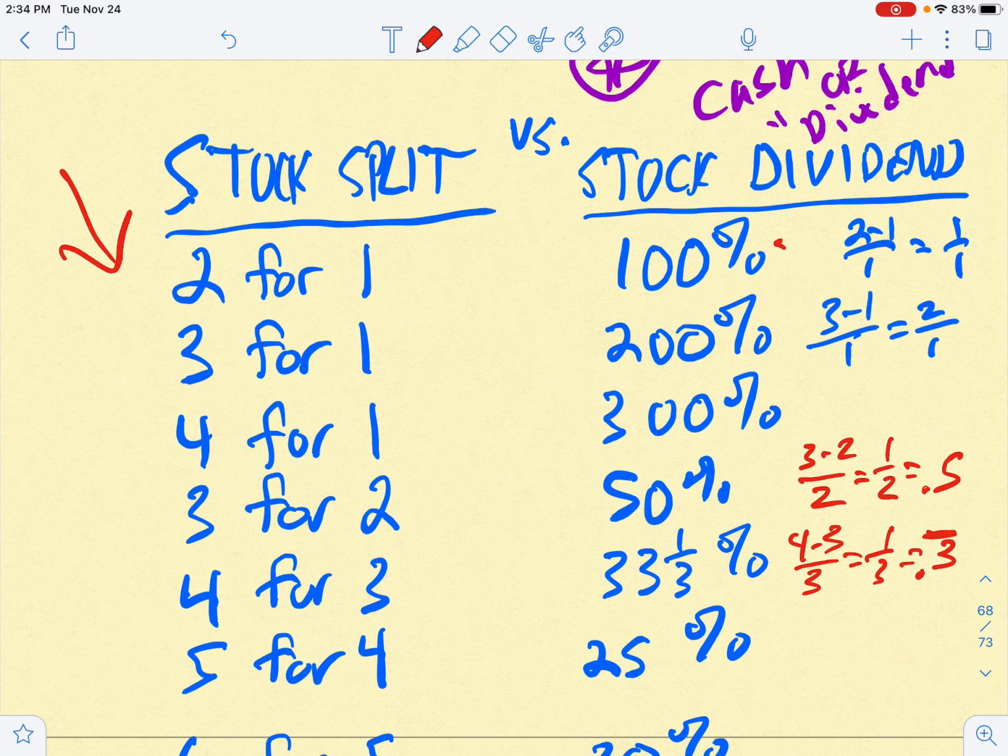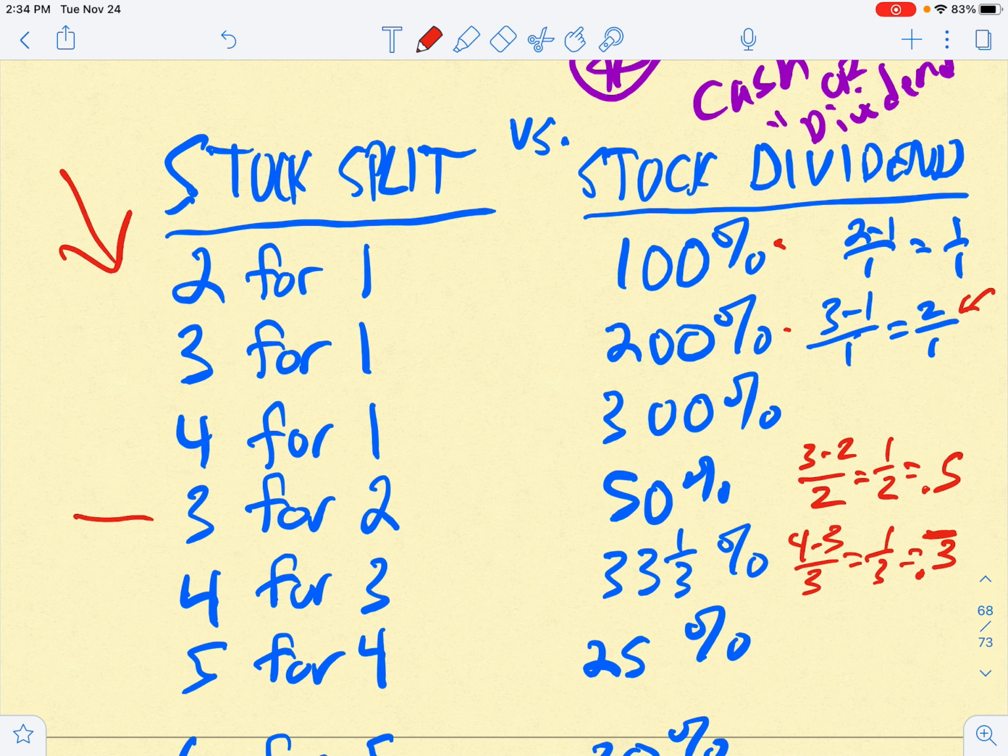So a 2 for 1 stock split is like a 100% stock dividend. We're not surprised then that a 3 for 1 stock split is equal to a 200% stock dividend. You can see the arithmetic there. A 4 for 1 stock split is identical to a 300% stock dividend.